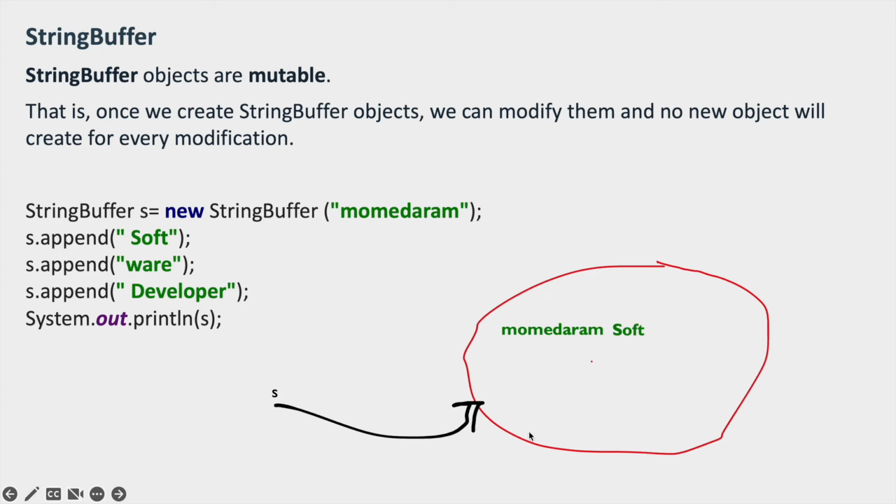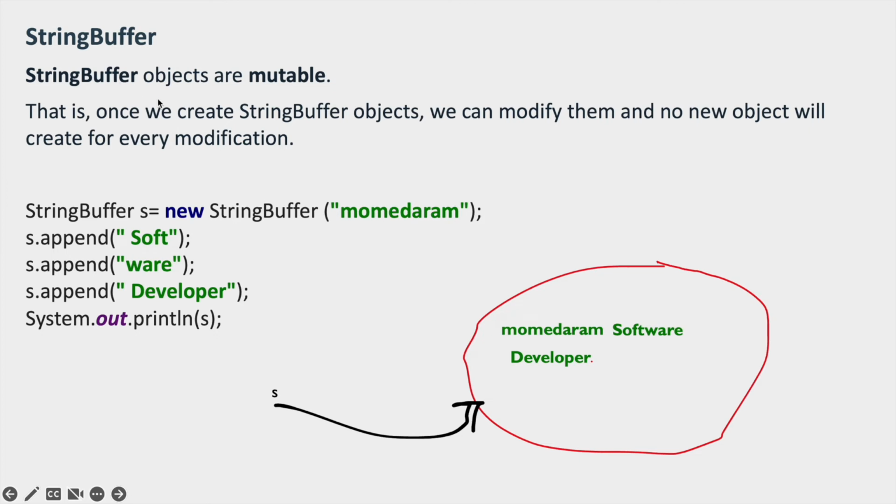Whatever the content is there, it will be modified. When the controller comes to the third line, ware will be appended to soft. In the next line, developer will be added to the same content. So when you print s, it will give Momedaram software developer.